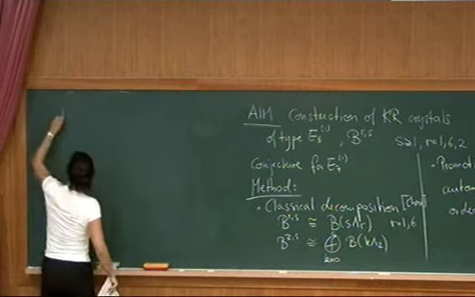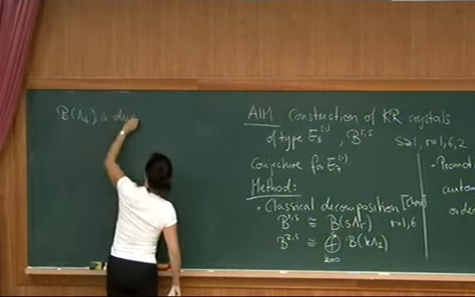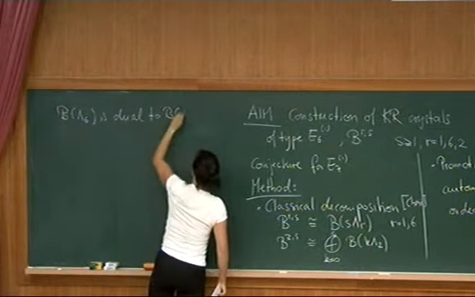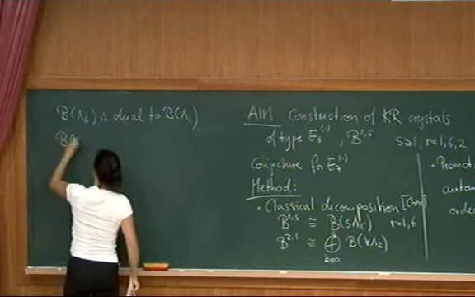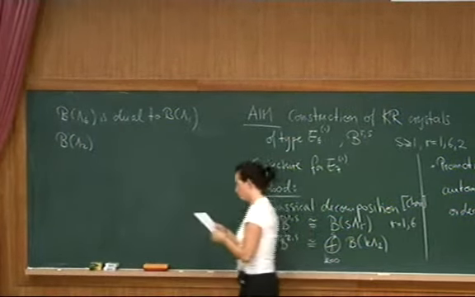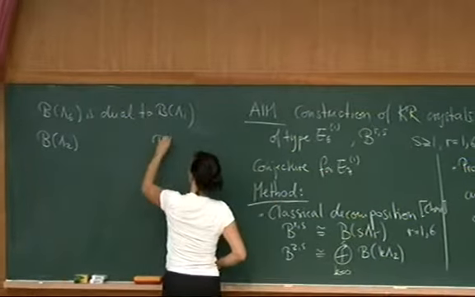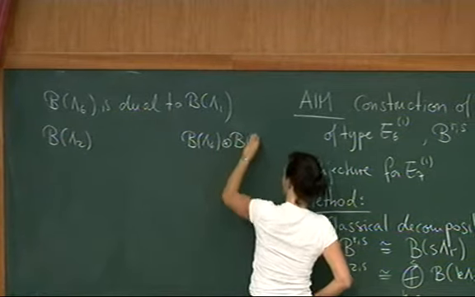So as I said, B lambda 6 is dual to B lambda 1, and then B lambda 2 we can actually get by embedding into B lambda 6 tensor B lambda 1.